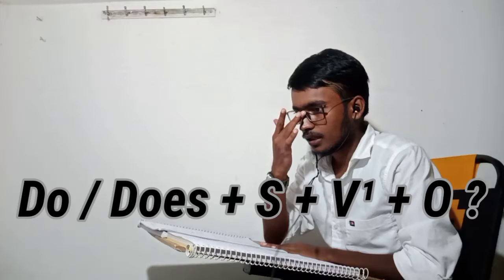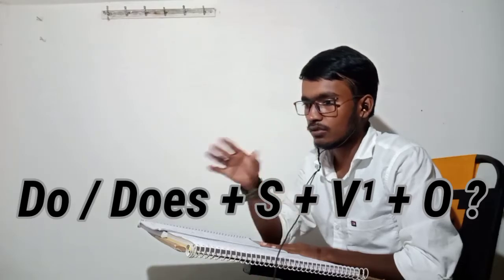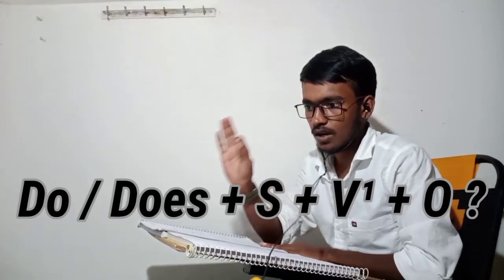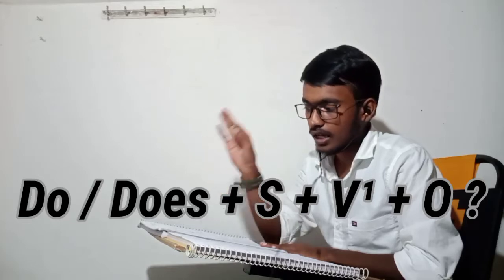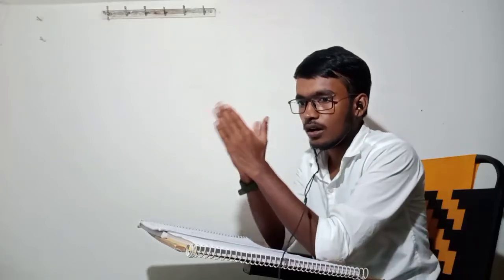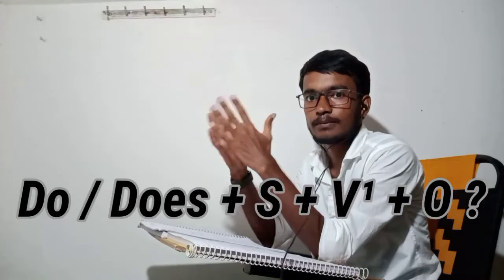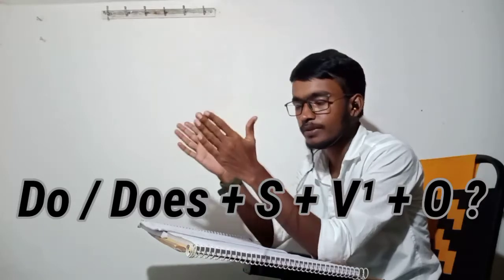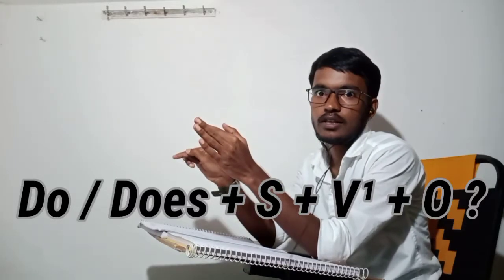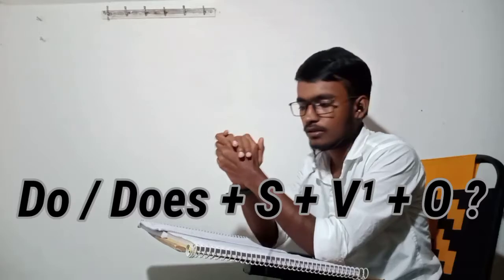Whatever the subject and whatever the verb, we use only V1 in interrogative questions. Only do or does will change. Do or does plus subject plus V1 plus object, with a question mark at the end of the sentence. That is the interrogative question structure in simple present tense.